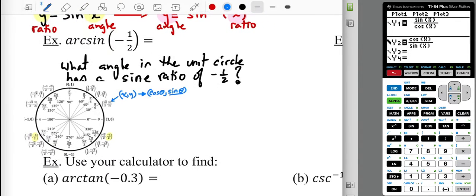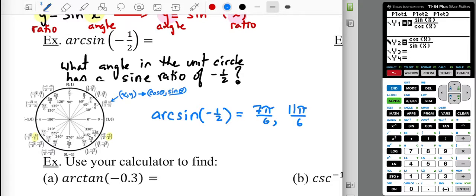So my arc sine function, just by looking at the unit circle, would be arc sine of 7 pi over 6 and 11 pi over 6. The problem is we have to be mindful of the domain.